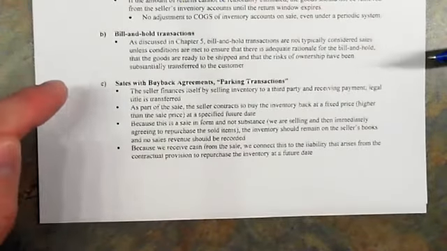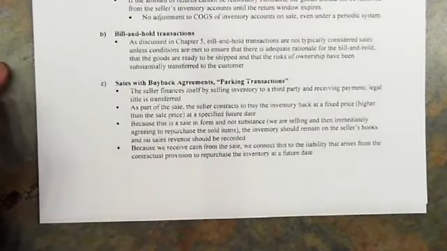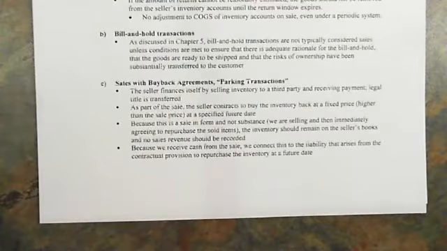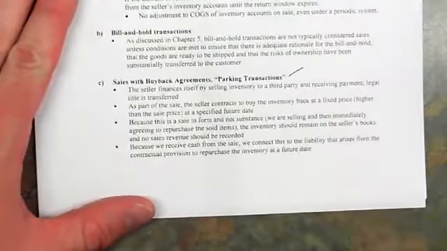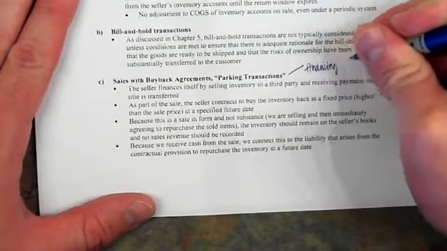We sell inventory to a party, receive payment, legal title is transferred, but as part of the sale, I'm also agreeing as the seller to buy back the inventory at a higher fixed price at a specified future date. Essentially what I'm doing is getting money now for inventory that I'm not able to move. And so it's a sort of financing with inventory.